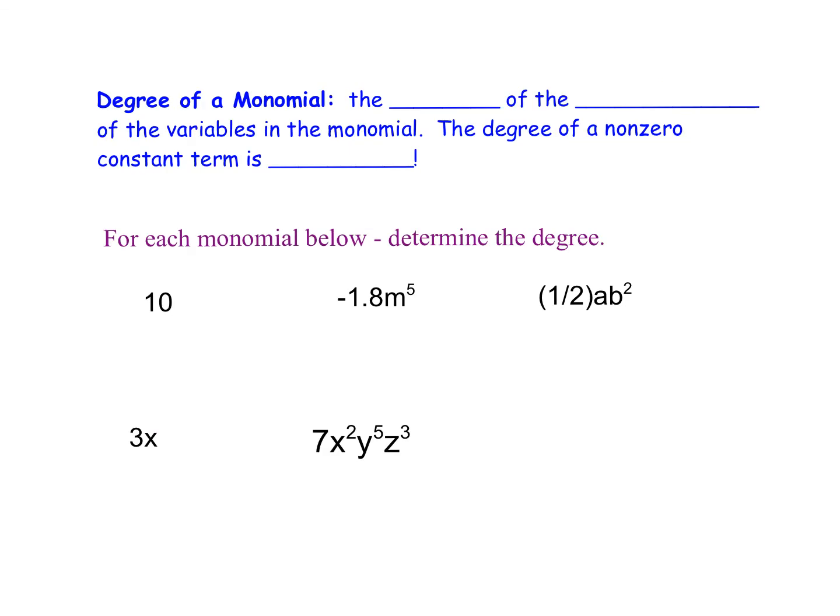Now, beyond just being monomials, every single monomial has what's called a degree. And the degree of a monomial is the sum of the exponents of the variables contained in the monomial.